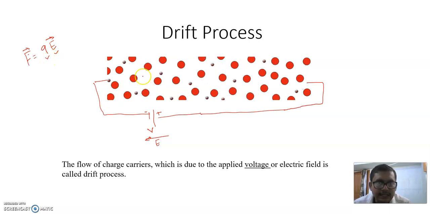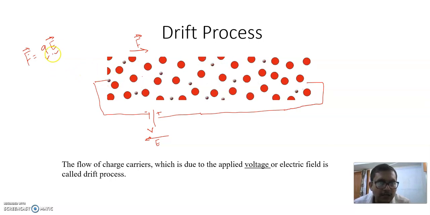So in this case, electron is negatively charged and direction of the electron is from right to left. So force upon the electron is from left to right. Because why the force upon the electron is opposite to the applied external electric field?